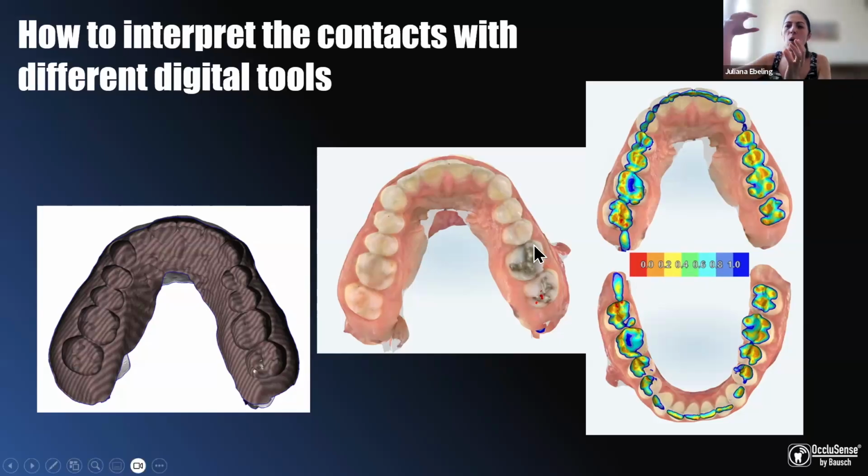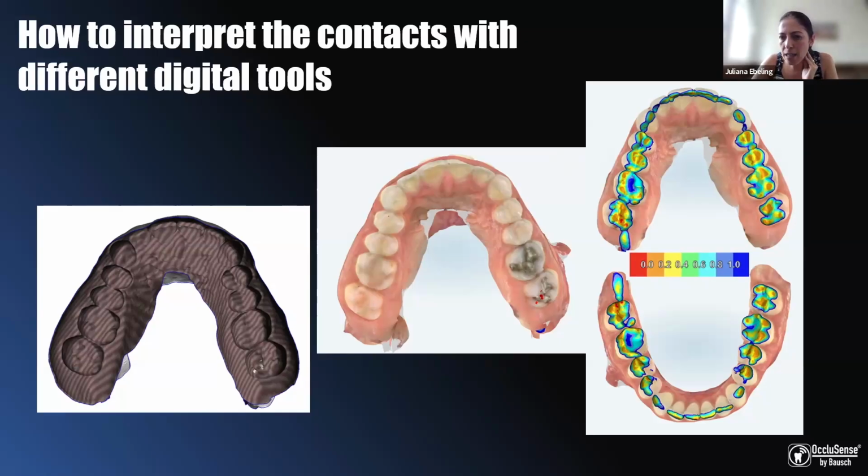Because here, what they are measuring is the distance between the upper and lower mesh. It's not about movement. When I register, I have a position and the scanner registers this position. And then this occlusogram measures the distance between these meshes.